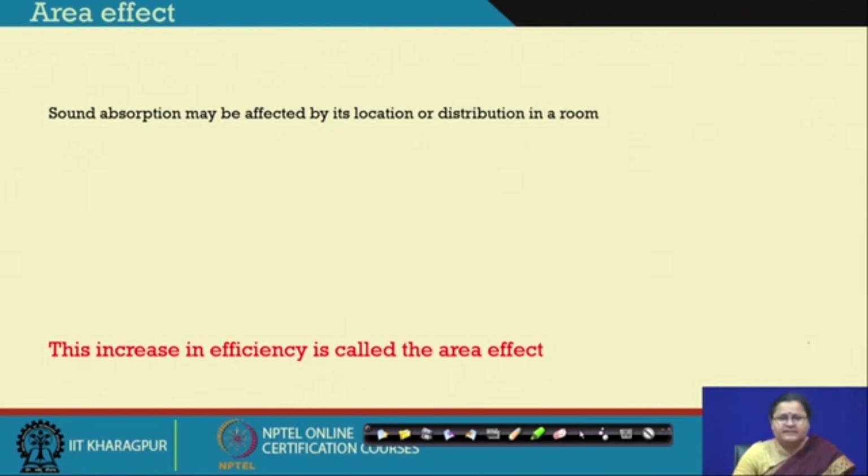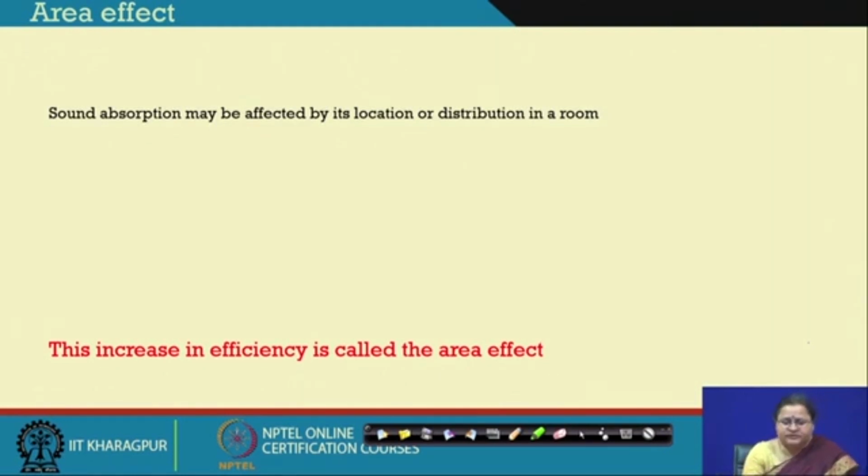If you are asked to put in absorbers of a certain area which you have calculated based on the reverberation time calculation from Sabine's law, you get some area A. Now, you have to distribute it in your space. Should we put it at one end? Let us see what happens.